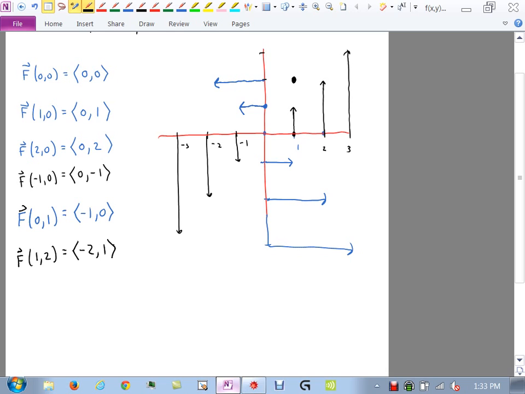To the left 2, and then up 1? Left 2, up 1 would be here. I'll put it in red so you can see it. It's pointing like this, right? Just from the vectors we've put here, it looks like there's almost like this rotational field to this, isn't there?